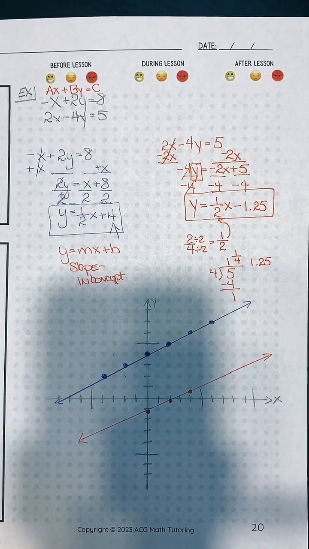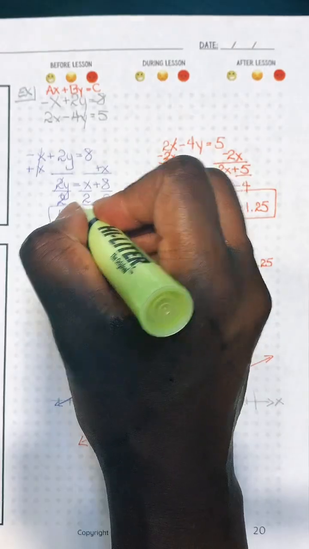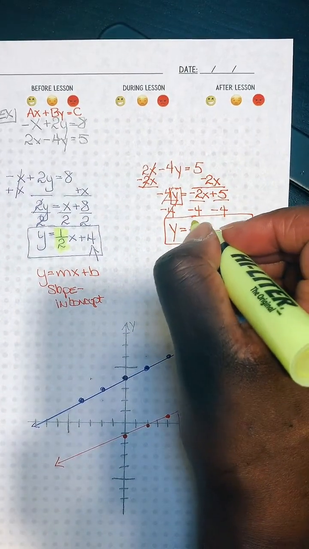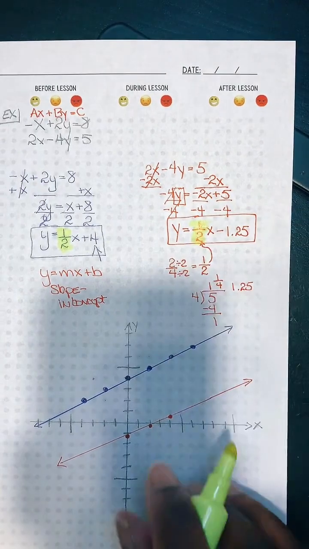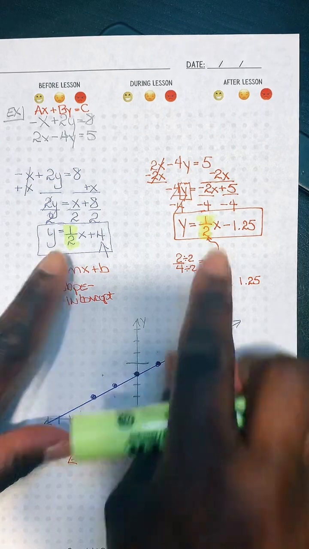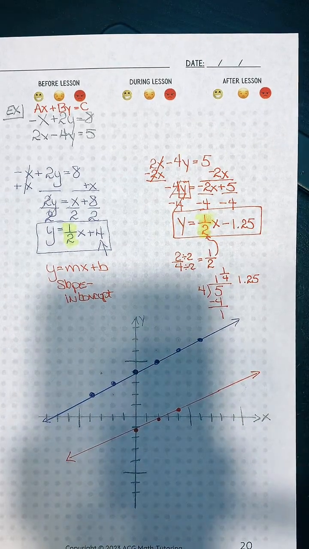Take a look. For this equation, my slope was 1/2. For the red equation, my slope is 1/2. When the slopes are the same, you're going to have parallel lines.